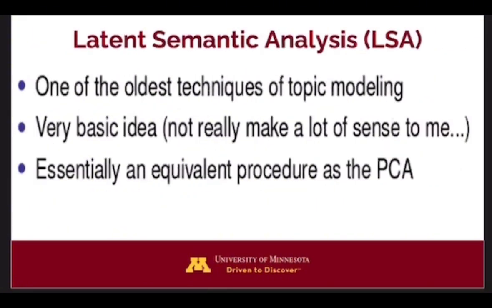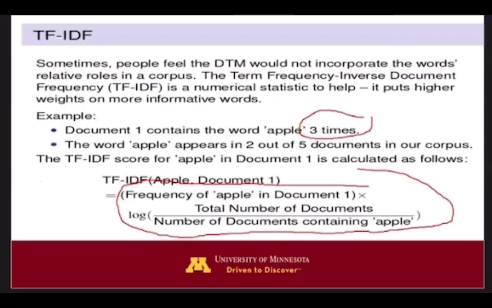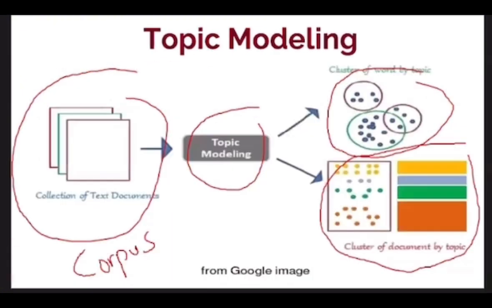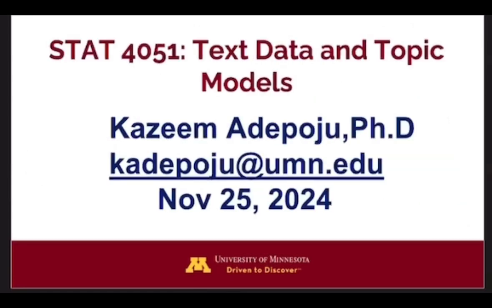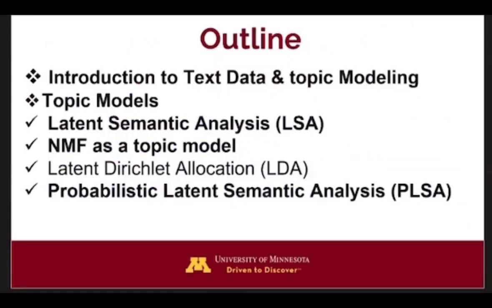Now I present to you that there are so many statistical machine learning techniques that can be used as topic models. This is one of them: latent semantic analysis. Let me take you back so that you'll be able to see the many types of topic models that we have. We have latent semantic analysis, and I'm going to walk you through that.